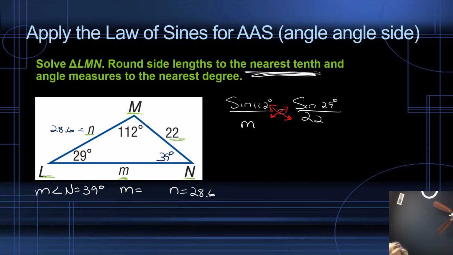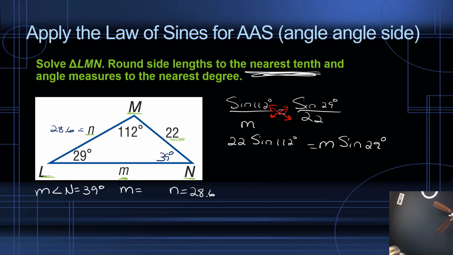Okay, and so that means I now have 22 times the sine of 112 equals m times the sine of 29 degrees. I'm sorry, I was daydreaming while I was writing.